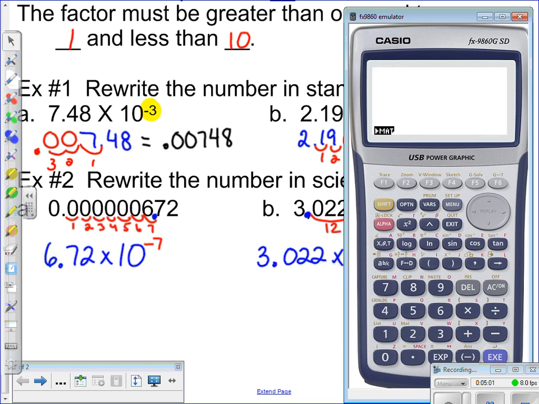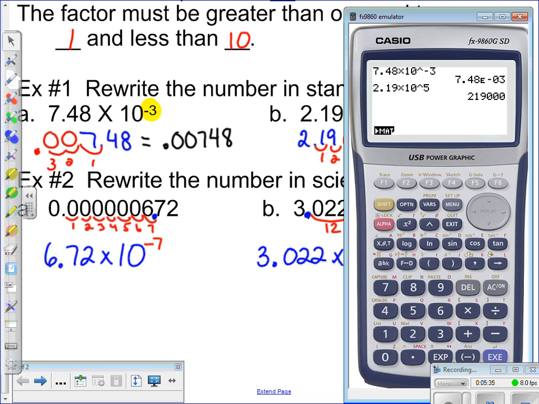So if I took the first one, A, 7.48 times 10, exponent hits this caret button, negative 3. You see, that's how the calculator writes scientific notation, with a little capital E for the times 10 part. Now the second one was 2.19 times 10 to the fifth. You see that number, it actually writes it out for you in standard form.